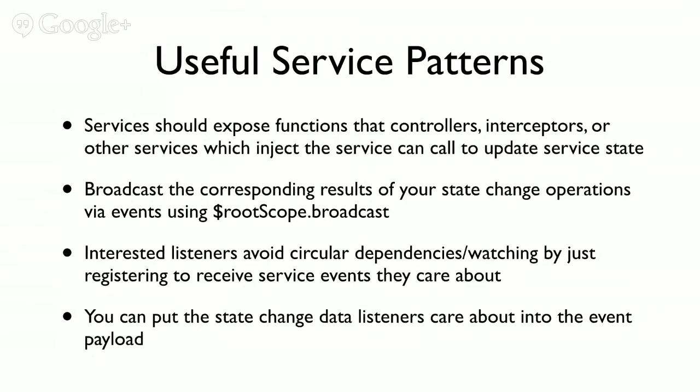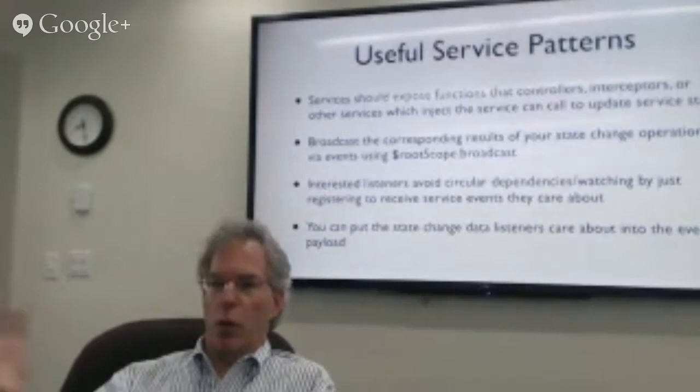Make it responsible for that. Through dependency injection, things that need to see it will be able to see it. Things that don't care about it won't have access to it, but it gives you control over what you're exposing so that you don't have this global stomping issue.